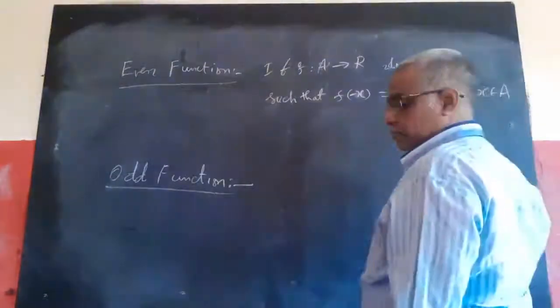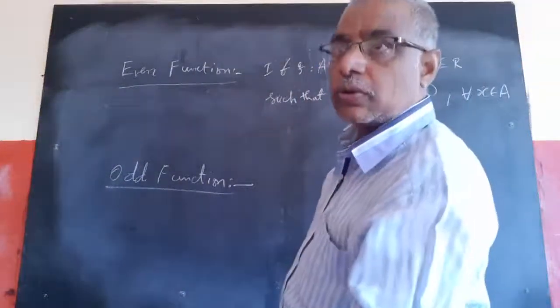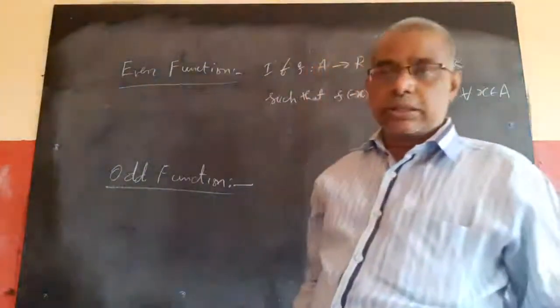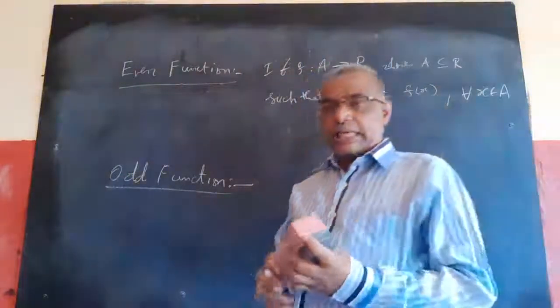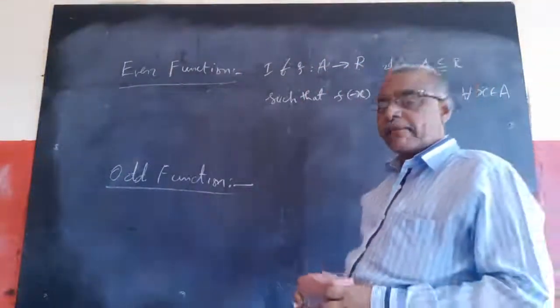If f of minus x equal to f of x for every x belongs to A, then f is said to be an even function.